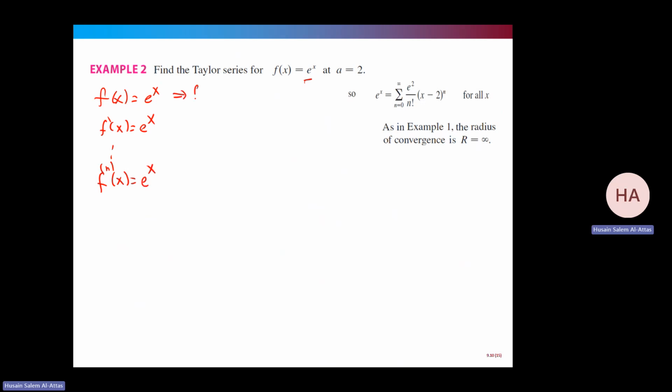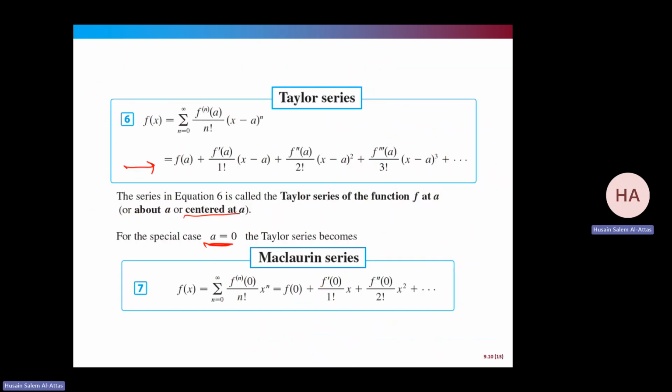So it will be e to the power x equals the summation n equals 0 to infinity. Look at the formula. I put a or c, that will not make a difference.